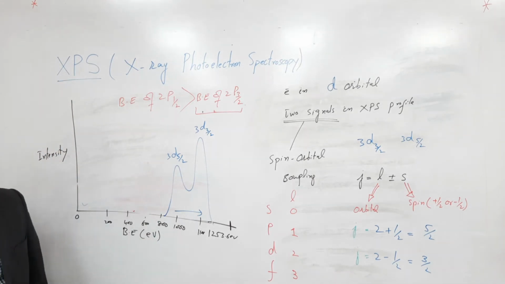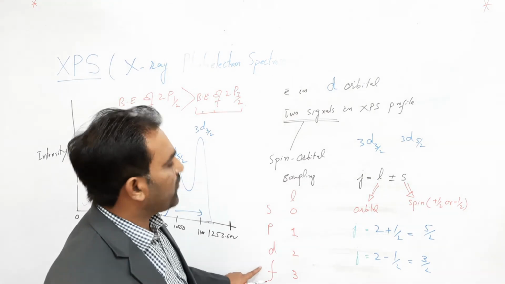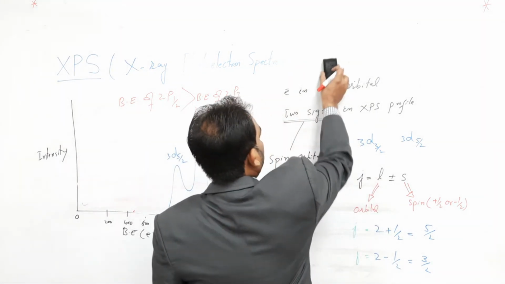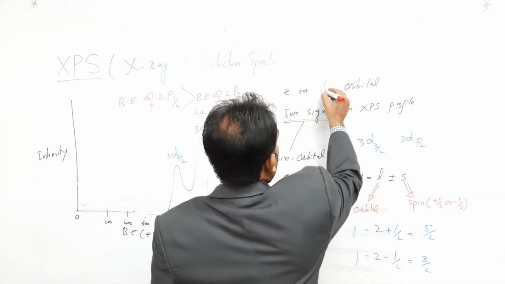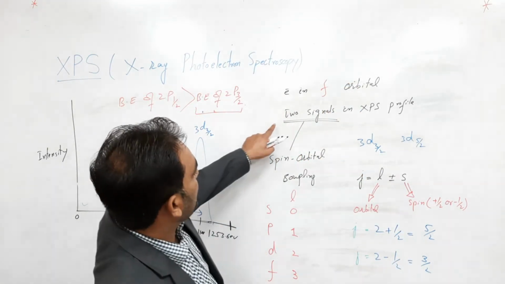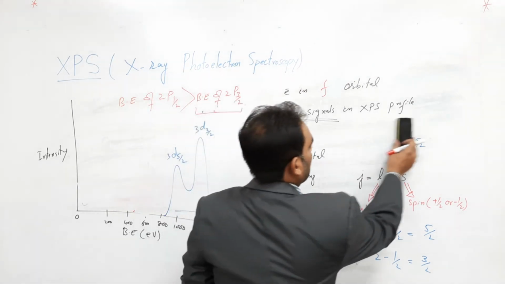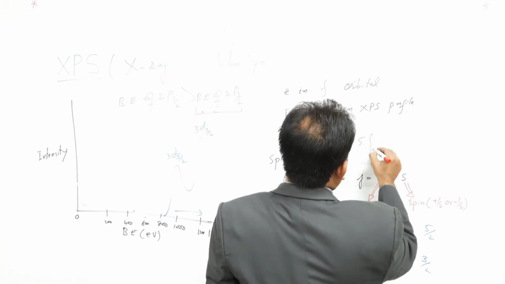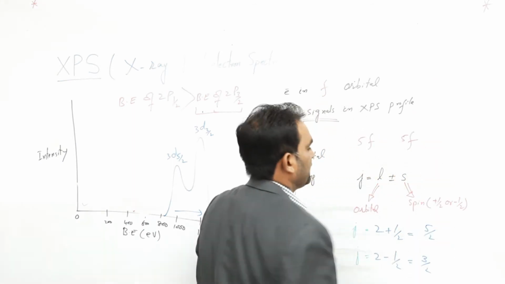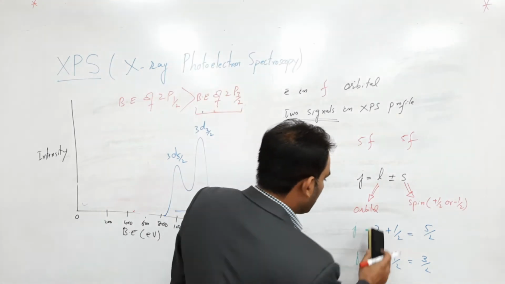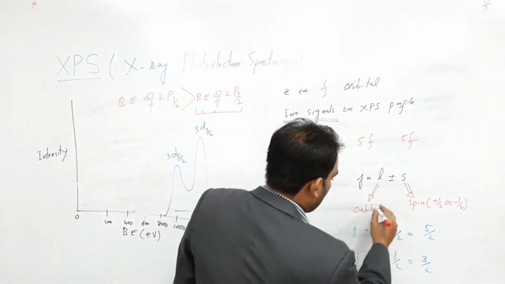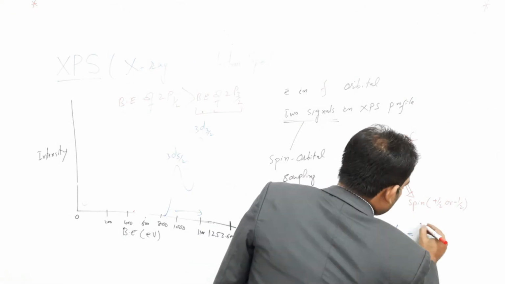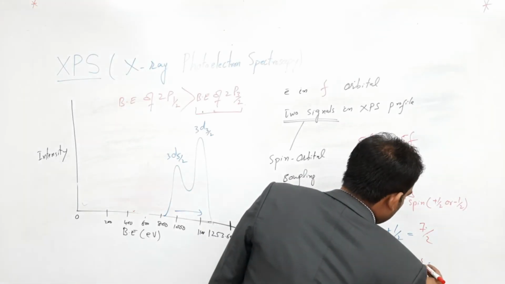Similarly, if you have an f orbital and you have an electron in the f orbital, you will also get two signals in that particular case. Suppose I will say 5f and 5f. For f, the value of L is equal to 3. This will be equal to 7 by 2, and this will be equal to 5 by 2.